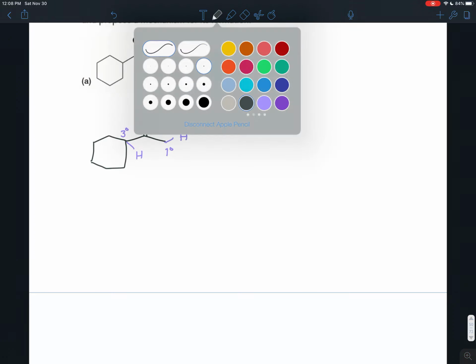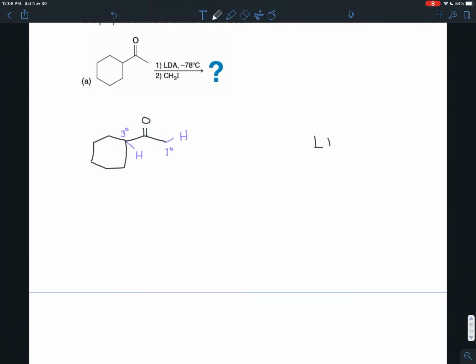And so the two bases we're going to use are LDA, that's our bulky base, and hydride. Really, it's usually paired with sodium, so sodium hydride. Let's talk about each of these one at a time, and then we'll apply them in these exercises.